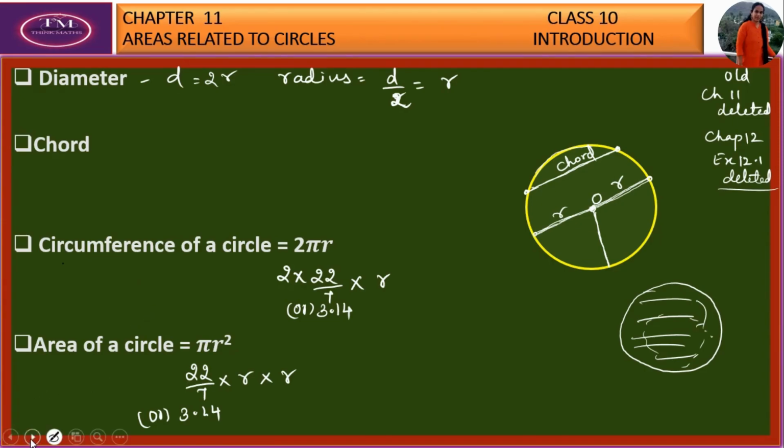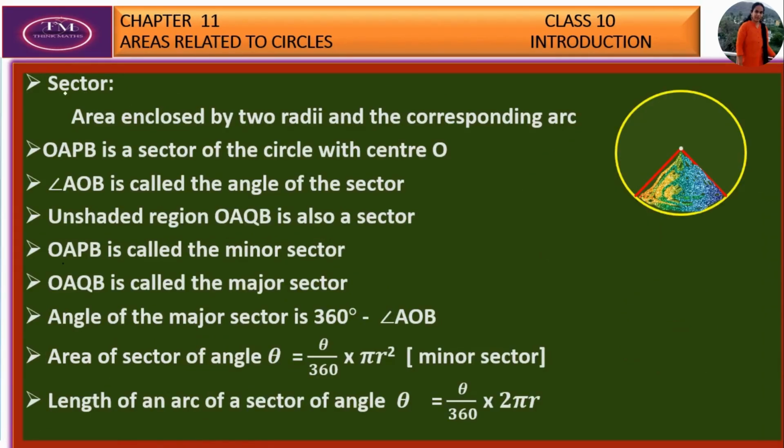In the next page, we are going to see what you mean by sector. A sector is the area enclosed by two radii and the corresponding arc. Now look at this picture. There is a circle, and this is the center point. From the center point, I have drawn radii. OA is one radius and OB is another radius.